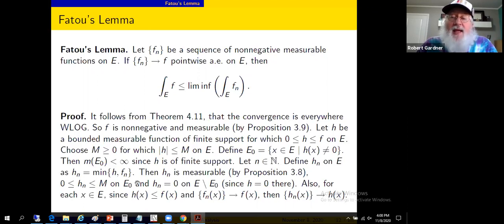When that happens, the f sub n's are bigger than h, and so the h sub n's will take on that value h. And this is a pointwise conversation. That is, for all x in the appropriate set E, h sub n of x approaches h of x. There are a number of little moving parts there to draw that conclusion, but that was an accurate description this time, at least. h sub n approaches h of x.